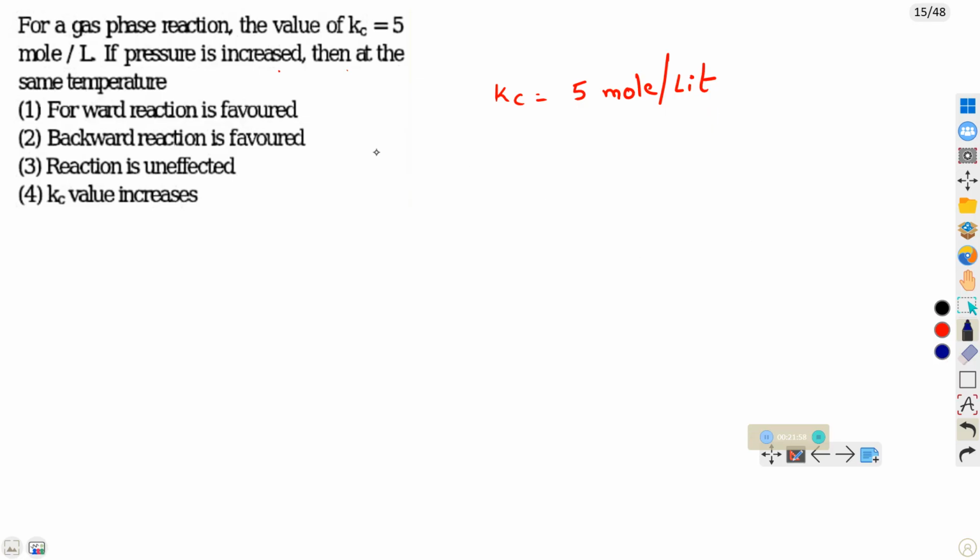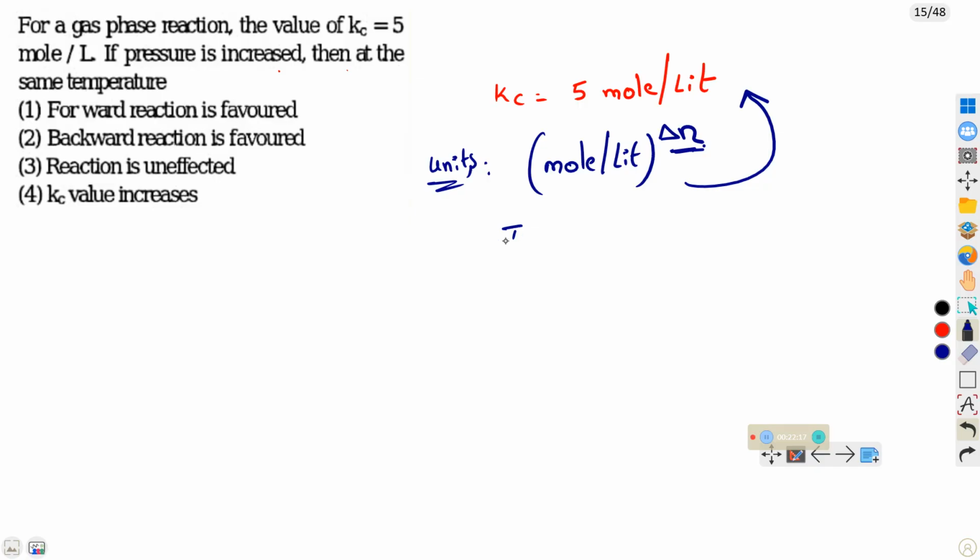We know that the units of Kc are mole per liter whole power delta n. If delta n is equal to 1, then the units remain the same: mole per liter whole power 1.